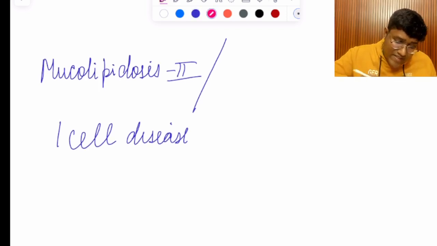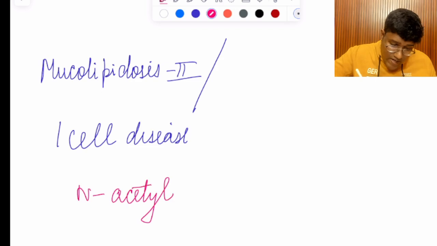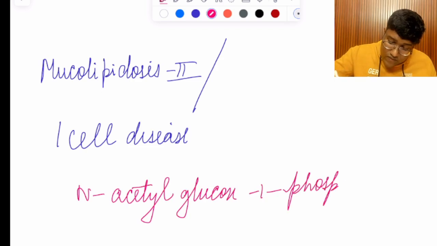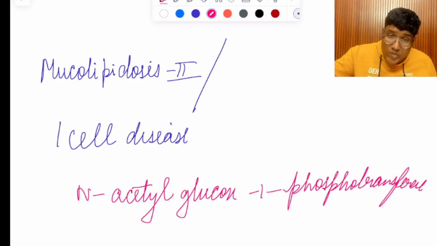What is that enzyme? This enzyme is N-acetylglucosamine-1-phosphotransferase. We don't have to remember it all, you just remember it's NAG. So it is glucose 1 phosphotransferase.